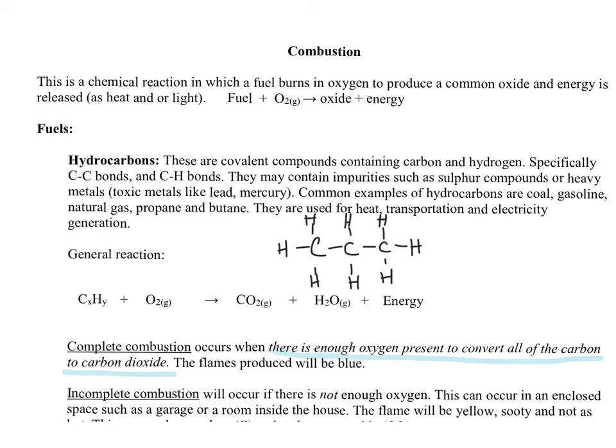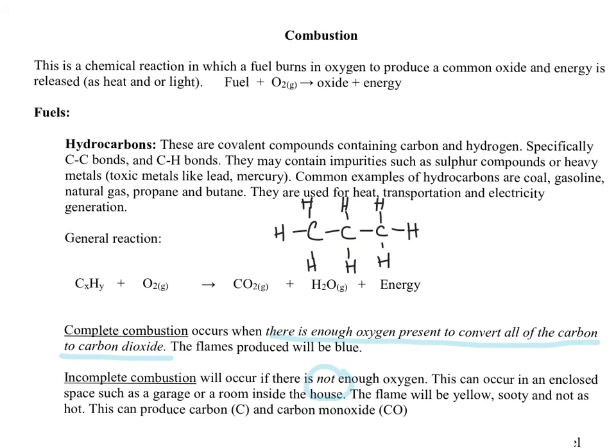Incomplete combustion happens when there's not enough oxygen. And this can occur inside a garage, if you're running a generator or a car, or inside the house. So it's a yellow sooty flame, so it's dirty, and it's not as hot.